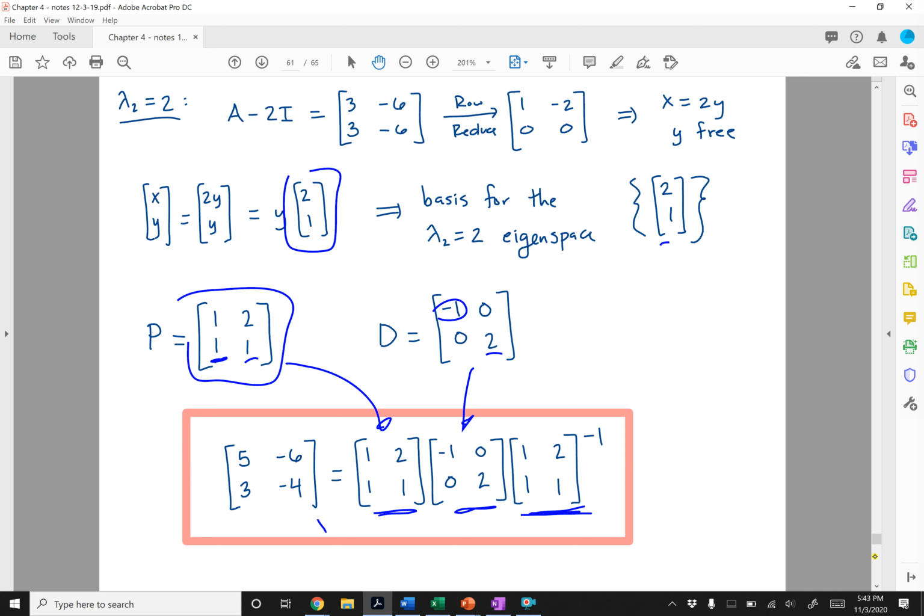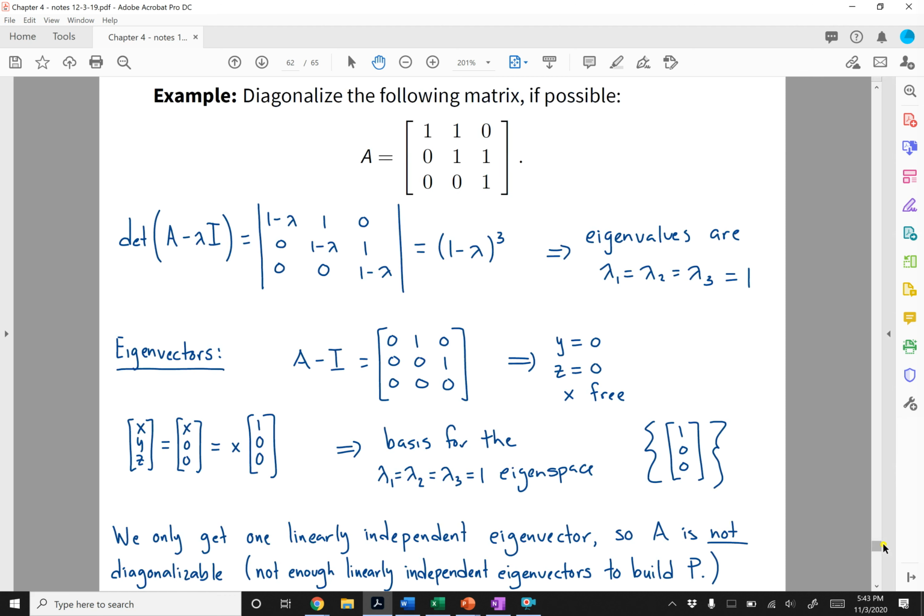We can do it with another basis too, and that's the same thing as multiplying by that. So you can multiply it out and check for yourself, but that'll be the same thing. So that's a simple example.